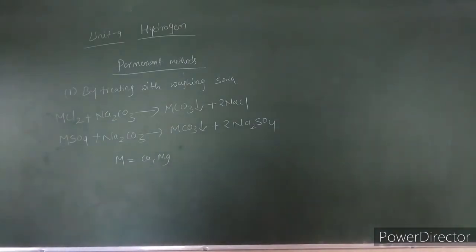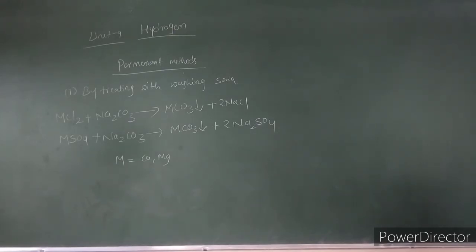So by treating with the washing soda, it will react with soluble calcium and magnesium chlorides and sulfates in the hard water to form insoluble carbonates. So this is about the permanent method for removal of hardness of the water.